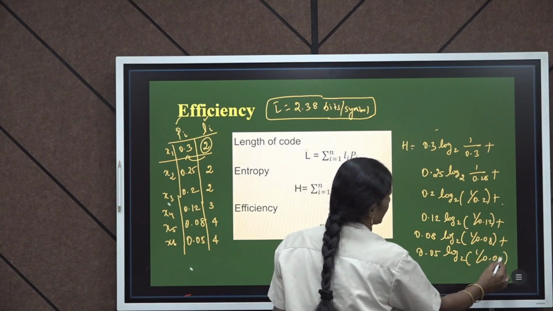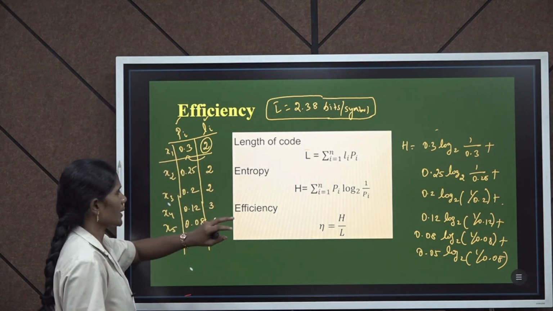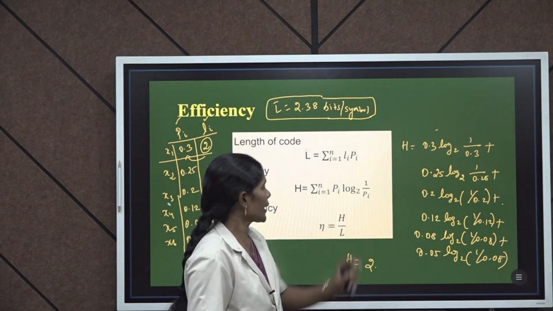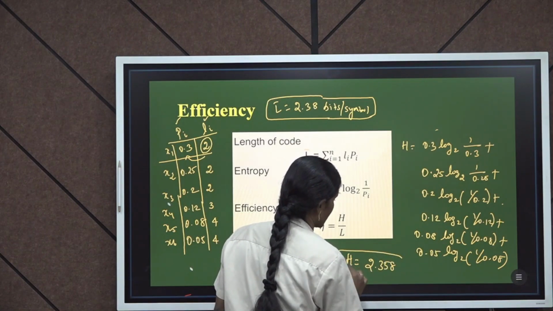So just with the help of the probability values we can identify the entropy here. By using this calculation the entropy H value is 2.358 bits per symbol.